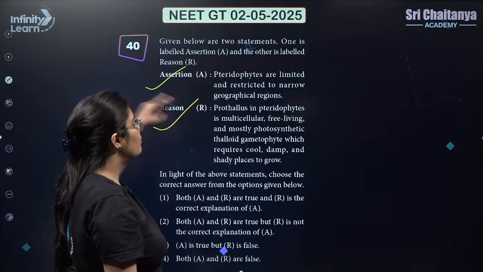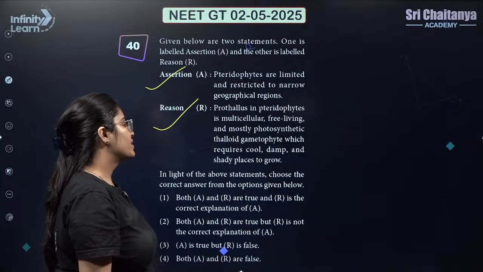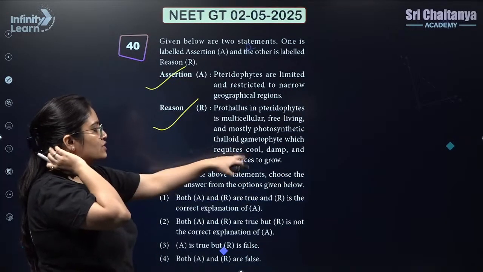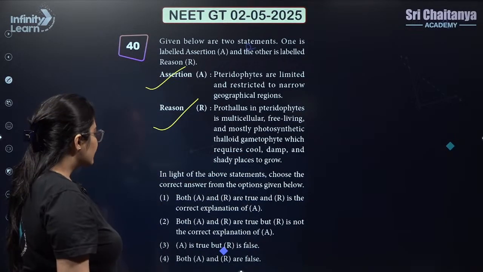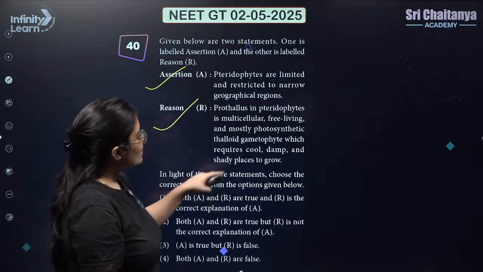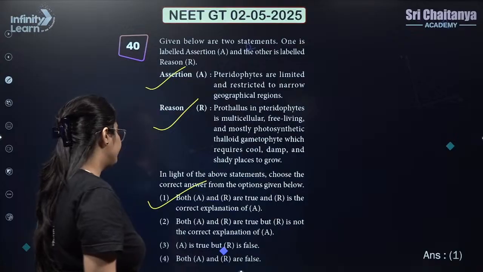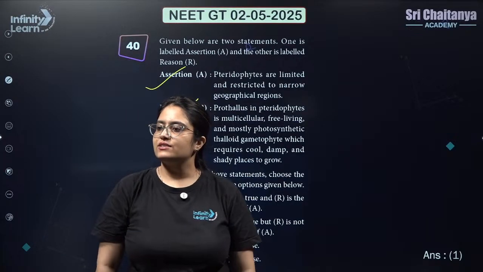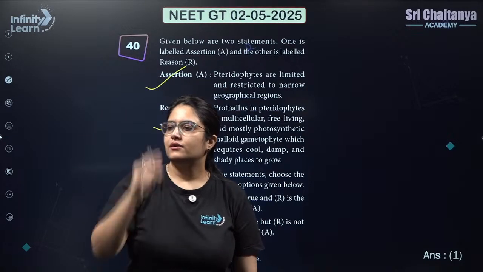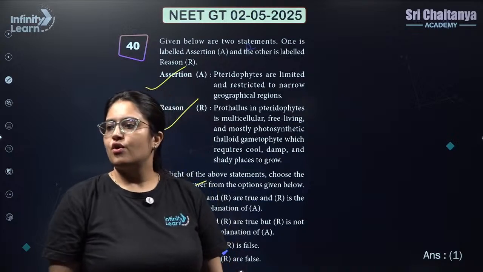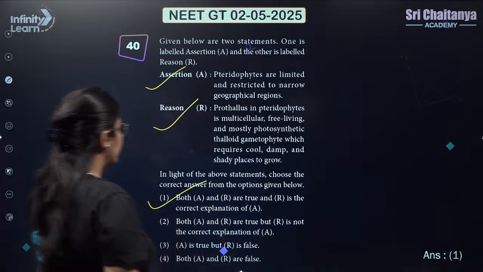Because of these specific requirements, pteridophytes are limited and restricted to a narrow geographical region. So both assertion and reason are true, and the reason is the correct explanation of the assertion. Answer is 1.